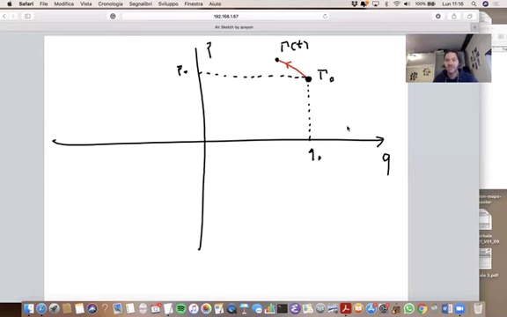So given the initial state, I can always predict the final state, and the final state means I can always predict the final position and momentum.